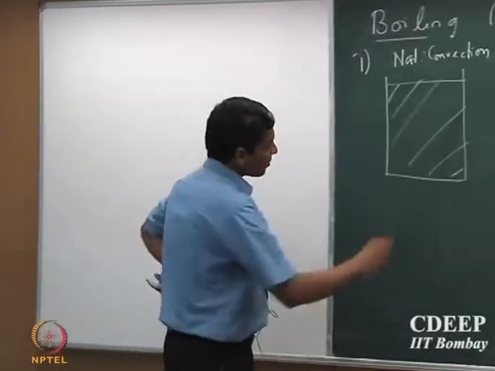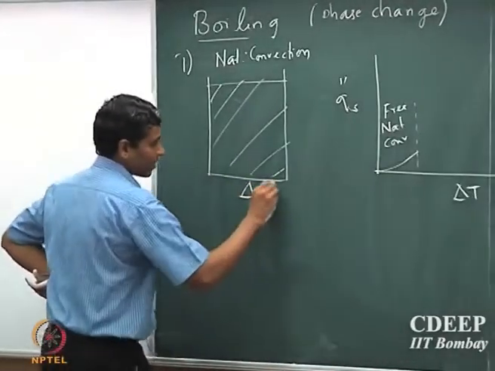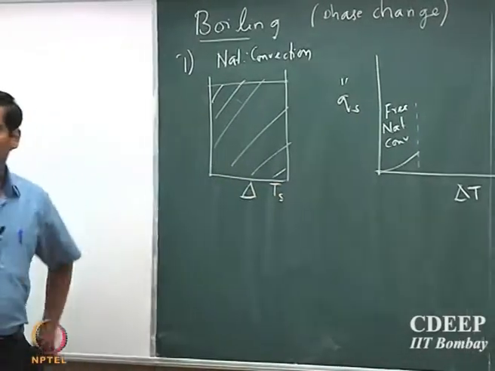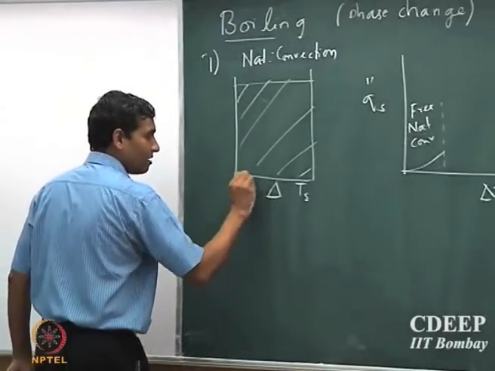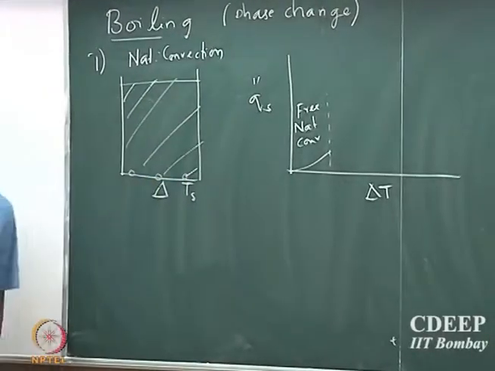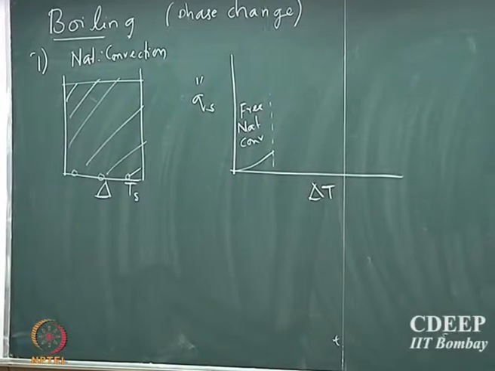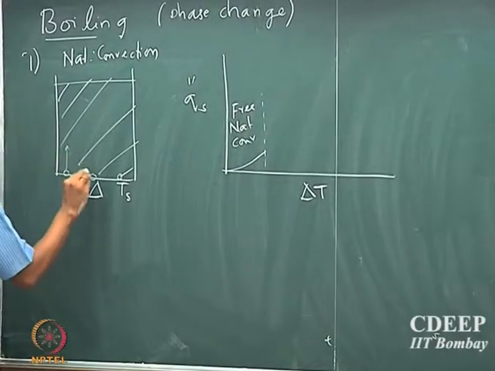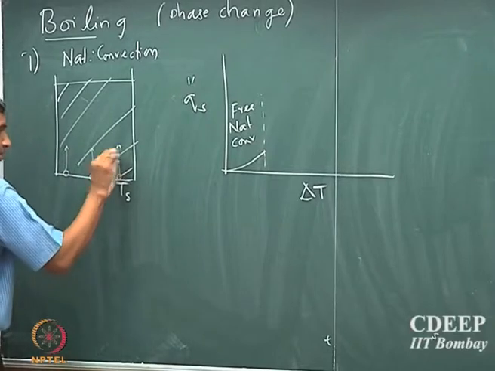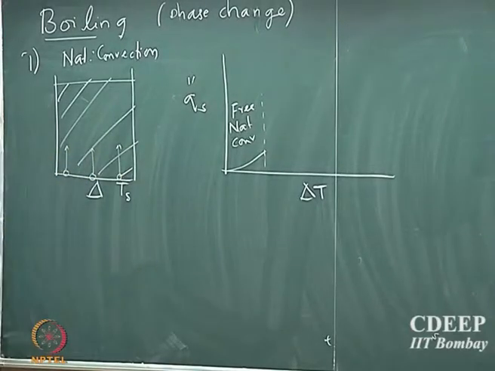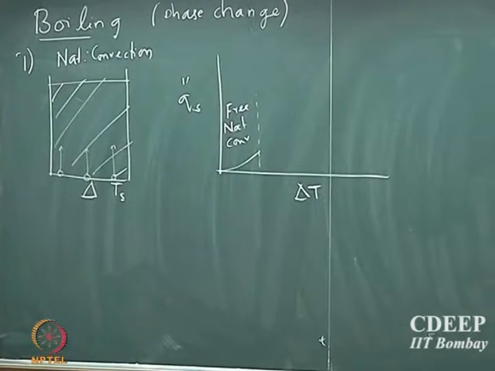And what happens is, supposing I supply heat here and this is the temperature of the surface. There will be occasional bubbles, sporadic bubbles formed at the bottom surface, and because of the density difference they will start moving up, and this will set up the recirculation motion in this container, and so that causes the natural convection.